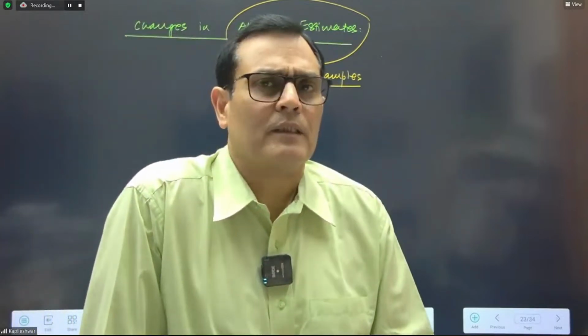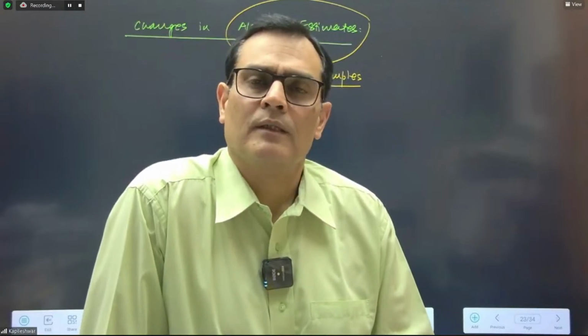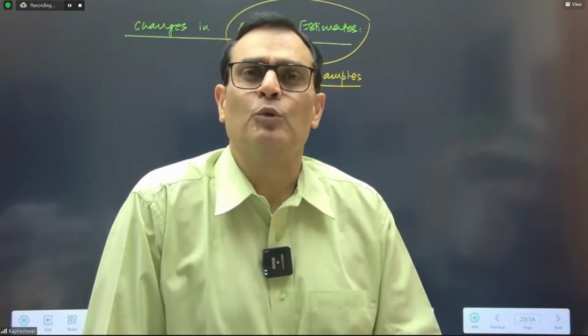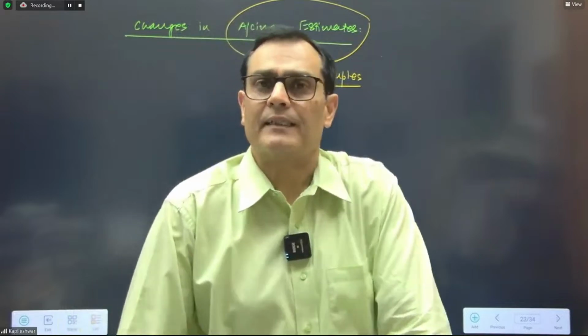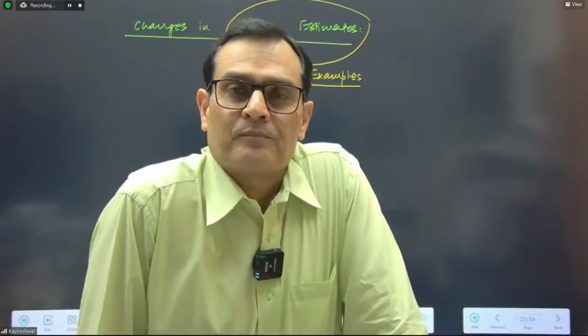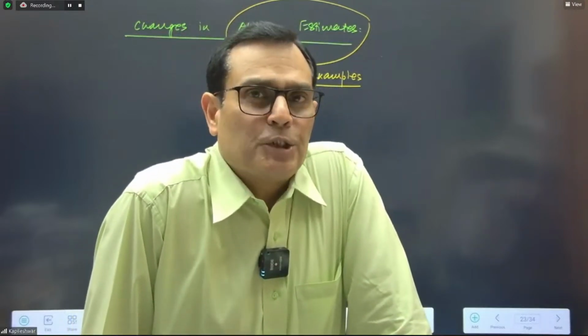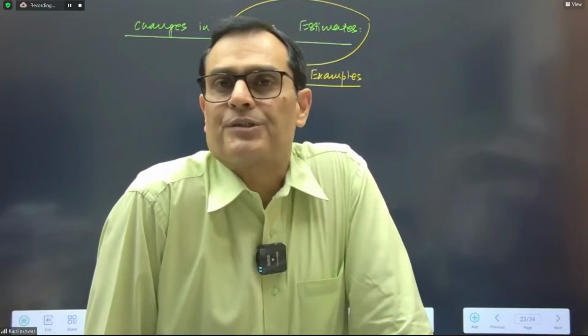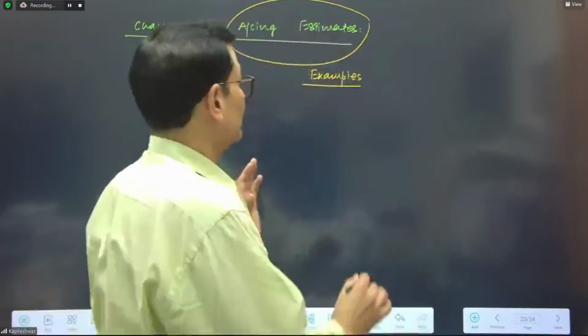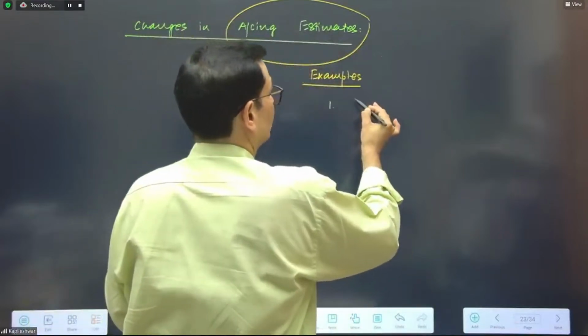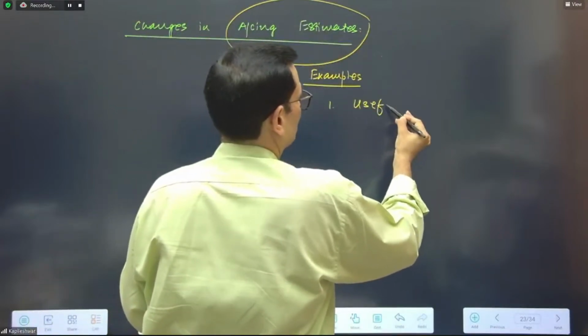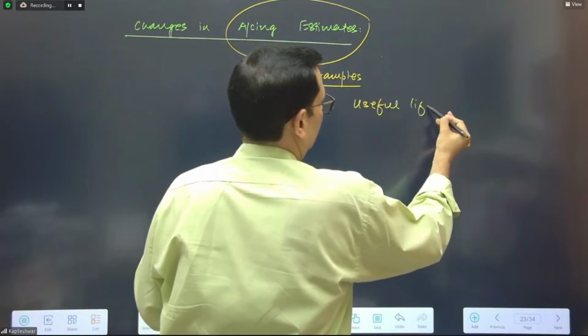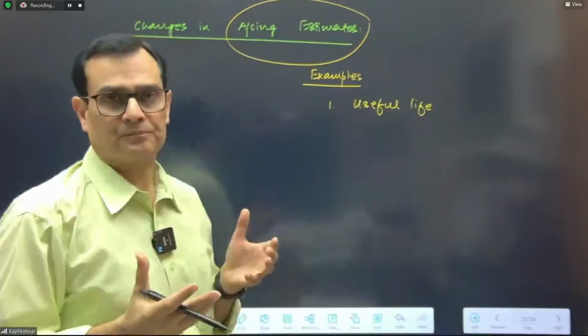We just took one of them, depreciation method. When you depreciate the asset, you consider a useful life. Is that an estimation? Yes. When you consider a depreciation, you consider a scrap value. Is that an estimation? Yes. So the estimation of the useful life is an estimation.